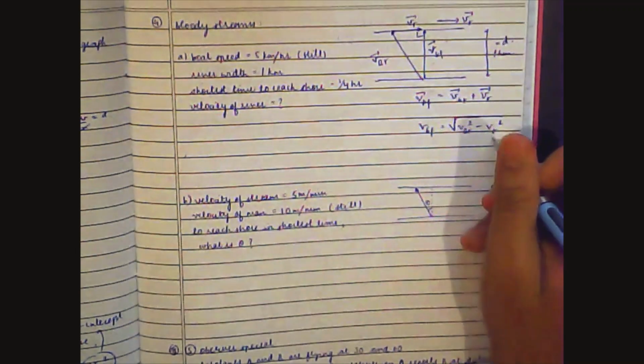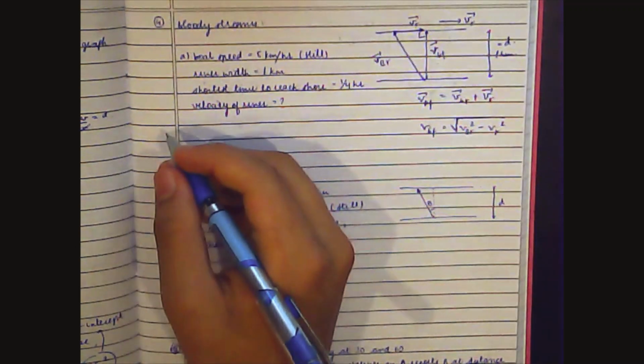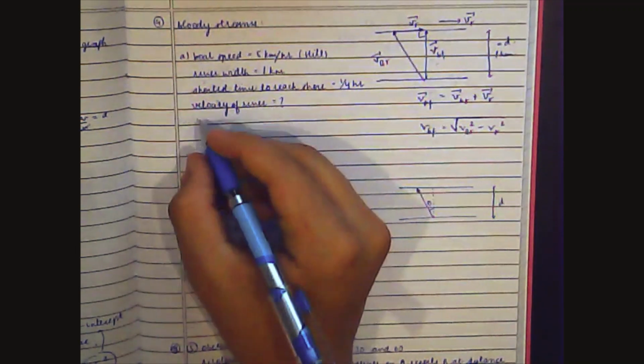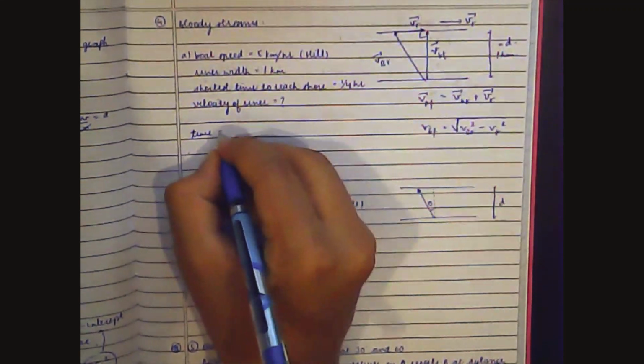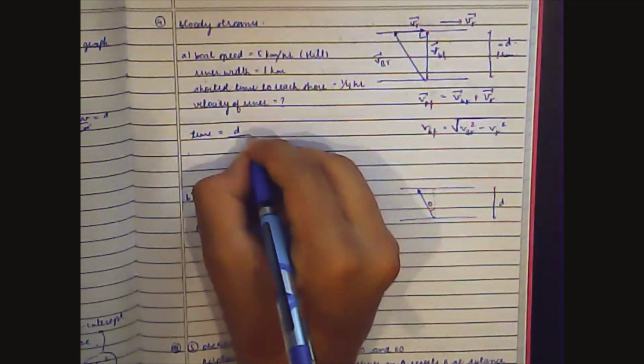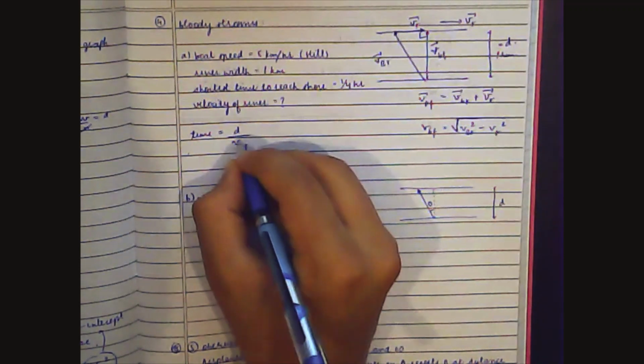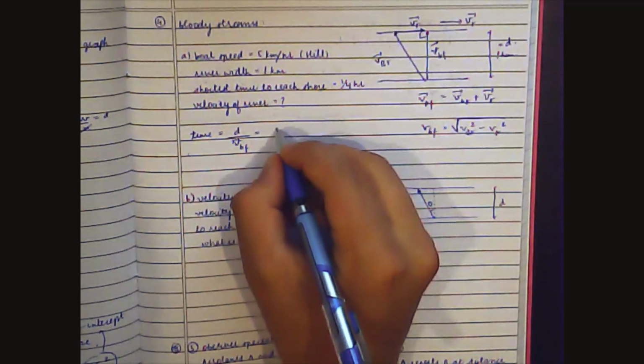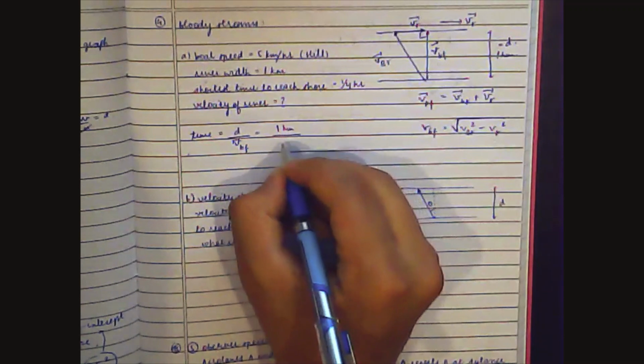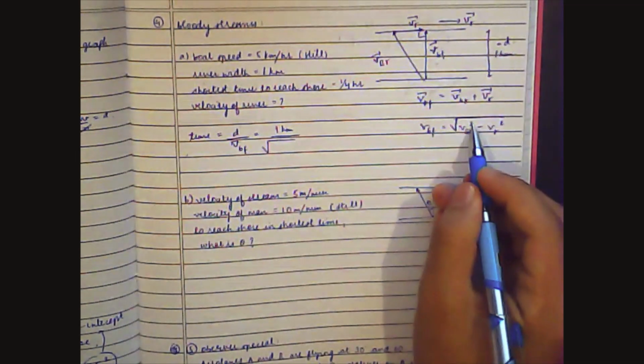Because of Pythagoras theorem. And so the time taken to reach the next shore is d by VB final, right? Final velocity. D is 1 km. This is root of VBR square, which is 5.